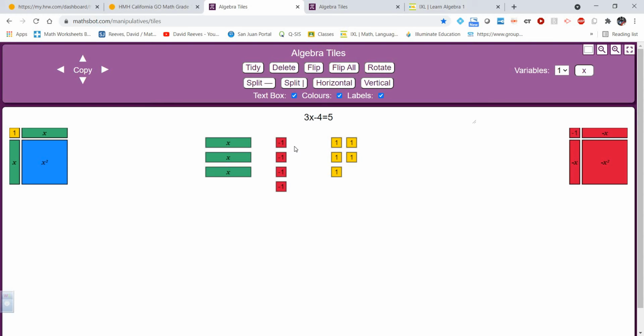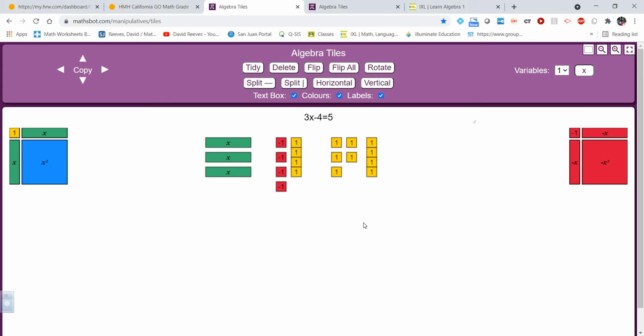So here we go. So first thing I'm going to do is add 4 on, okay? So I'm going to come over here, and I'm going to add 1, and then it has this great copy feature. So I now have added 4 on this side, okay? Then I'm going to come over here and put 1. Remember, whatever you do to an equation, you must do the same thing to both sides to keep it balanced.